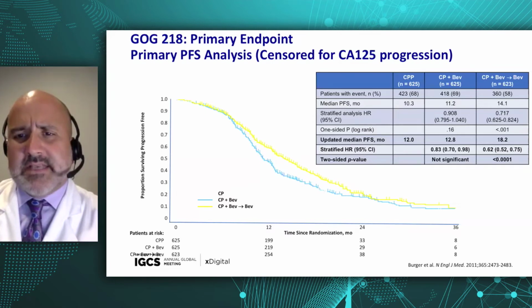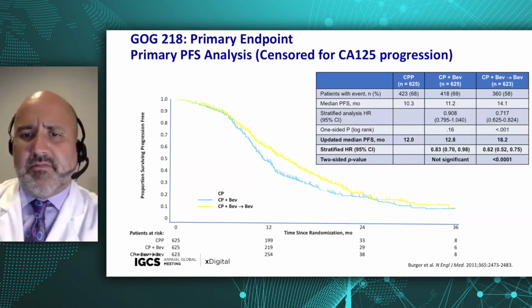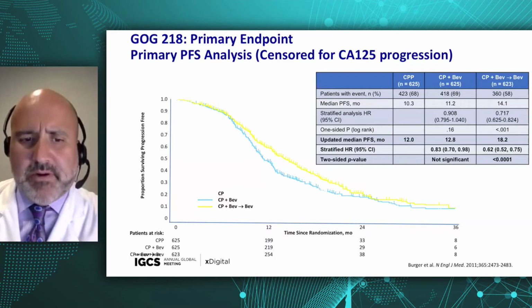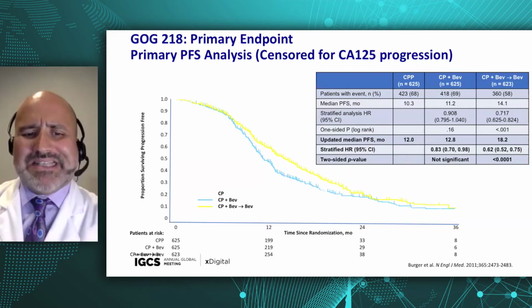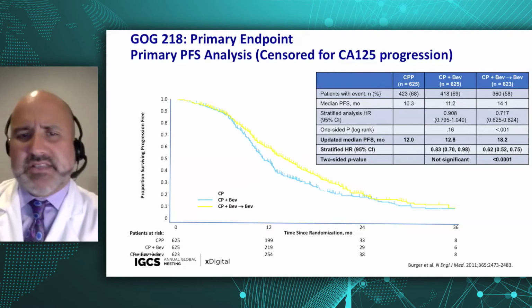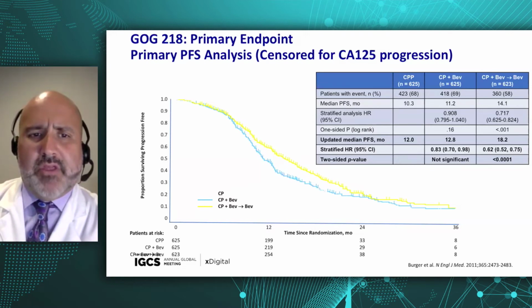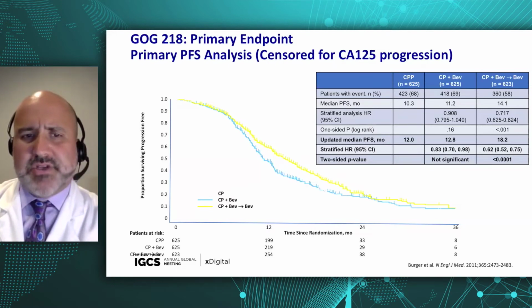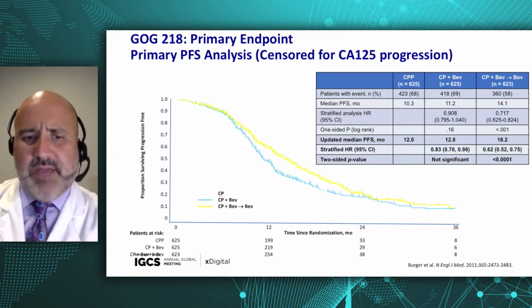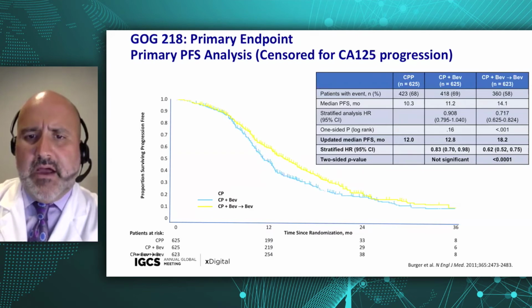But we see a 6-month improvement in the placebo versus the BEV throughout arm. And now it's important that when we look at these median progression-free survivals, we remember this is during the time of chemotherapy. And as we'll discuss in SOLO-1, there's almost 7 months from the first chemo until randomization. So as we put these into context, it is a slightly different population of patients.